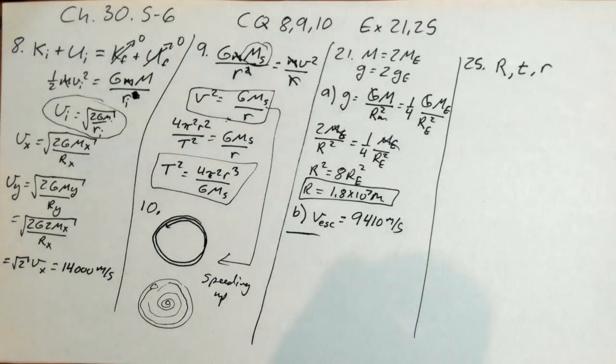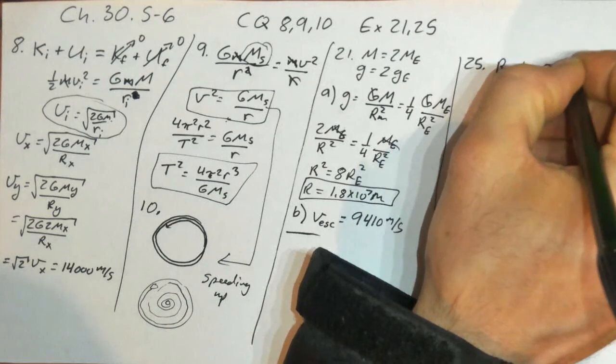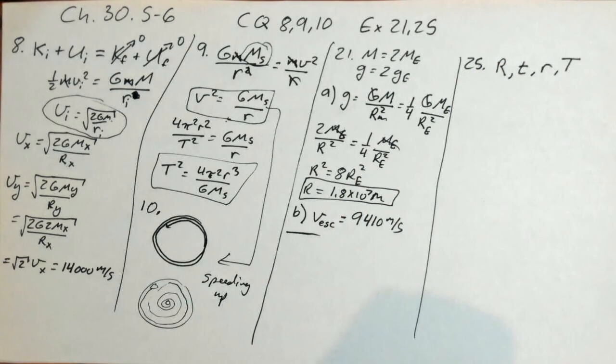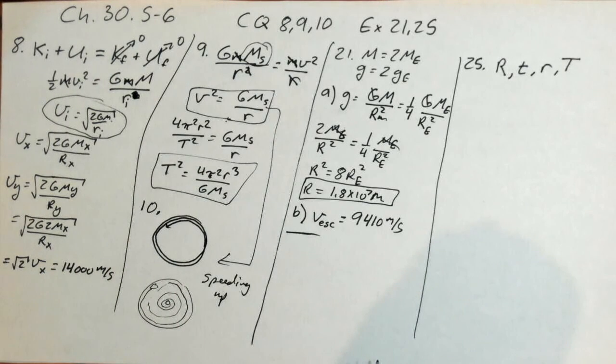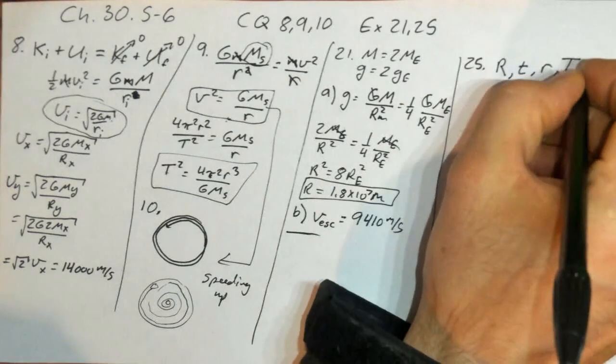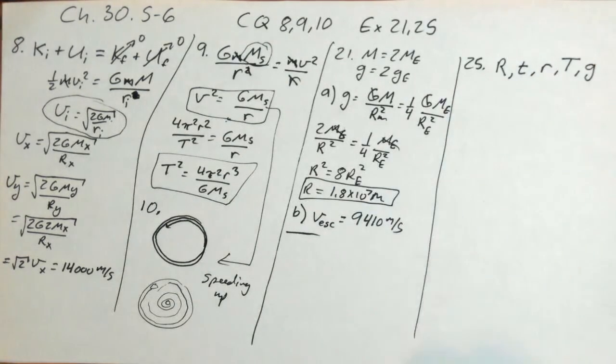And we know the period of the orbit, which I'm going to put as big T. Utilizing our traditional variables. Then we also know g. We know all those things of this planet.